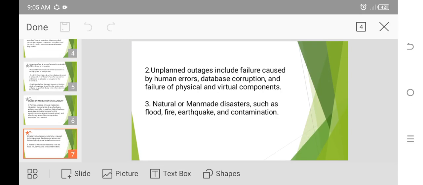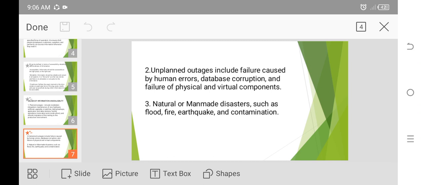Then second are the unplanned outages, which include failure caused by human errors, database corruption, and failure of physical and virtual components. So these unplanned outages are situations where something goes wrong with the system or technology and it stops unexpectedly.